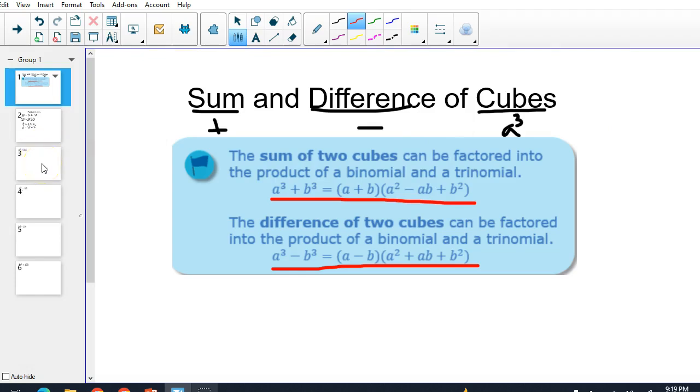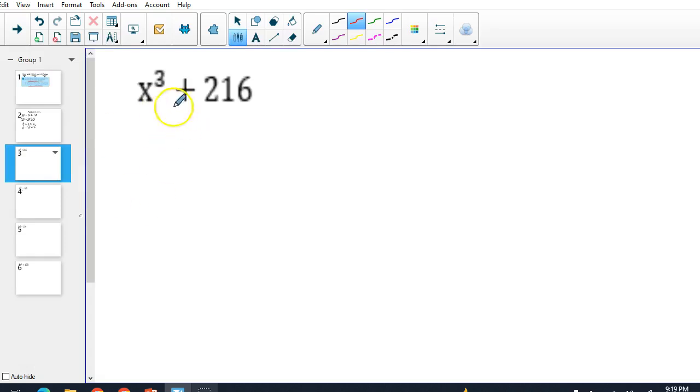So what we're going to do is a couple examples with our sum and difference of cubes. So our first one here, we have a cubic term x cubed, and we have a cubic term 216. Since we're looking at a cubed plus b cubed, we need to figure out what our a term and our b term are.